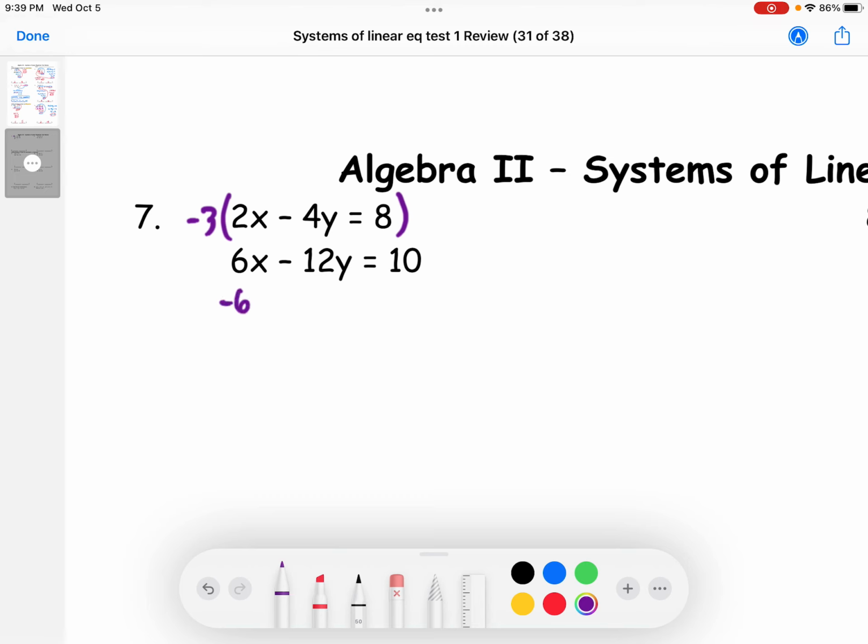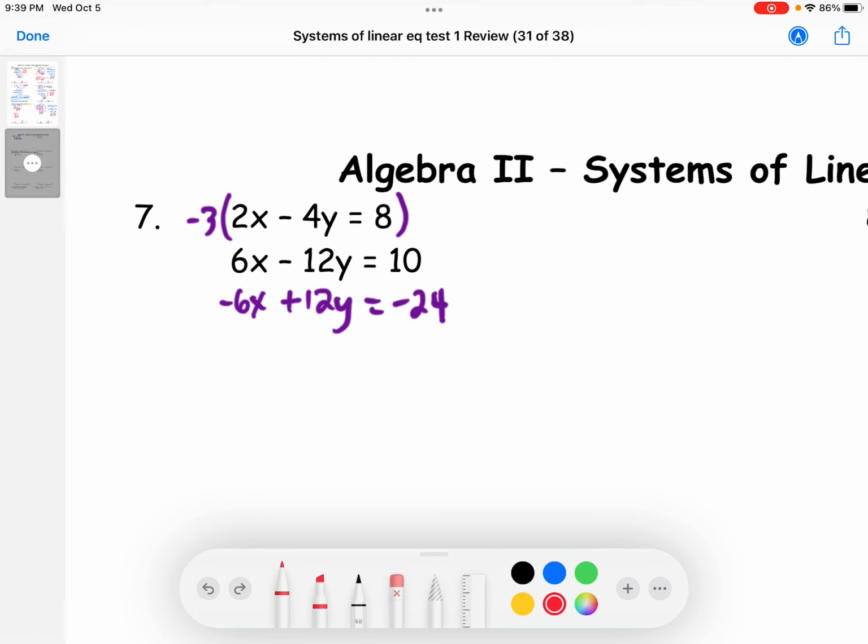That makes it negative 6x, makes it plus 12y, remember, because we've got a negative and a negative, equals, let's see, what does that leave us? Negative 3 times 8, negative 24. All right, now let's do that thing where we add them together.